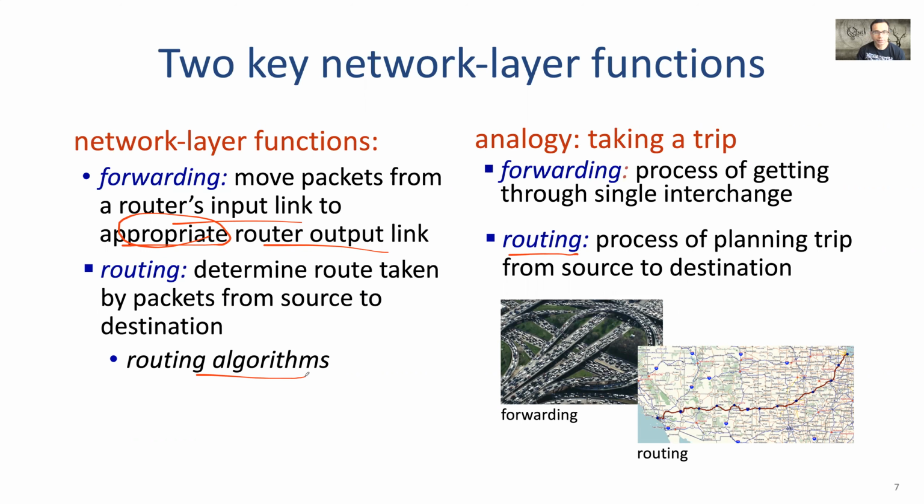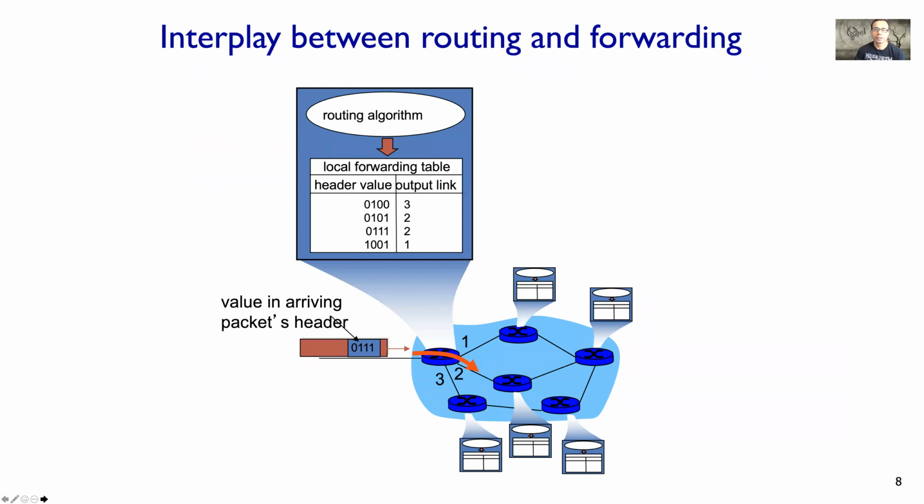So routing algorithms, I'll do a quick overview now, but we'll discuss them in a lot more detail next week. This is the specific interplay I was referring to. Each of these routers would have a routing algorithm running, and they would be communicating with each other. Based on certain control information they send each other, they can then create what's called a forwarding table.